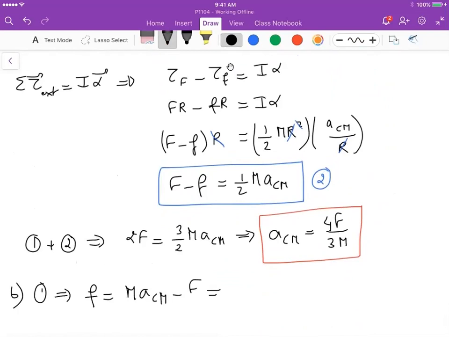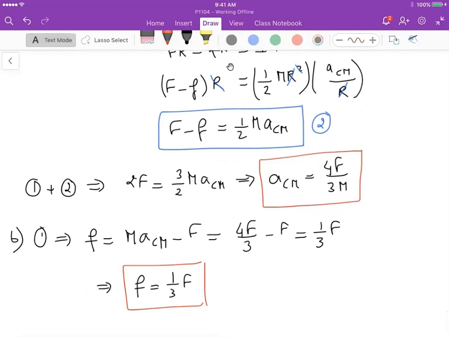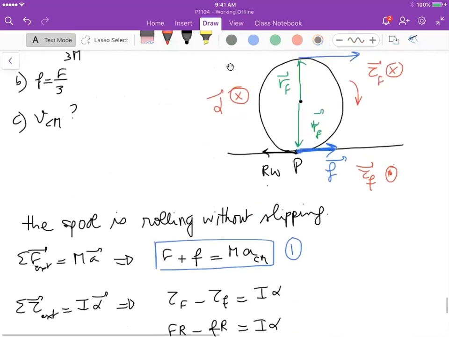So m multiplied by the center of mass gives 4f over 3. m and m cancel out, minus f, and 4f over 3 minus f is nothing else than 1 over 3 f. So the first thing we get is that the value of the friction force is 1 over 3 times f, which is what we had to show. And since we did not get a negative sign in the equation, this means that the direction of the friction force chosen in our figure is correct.